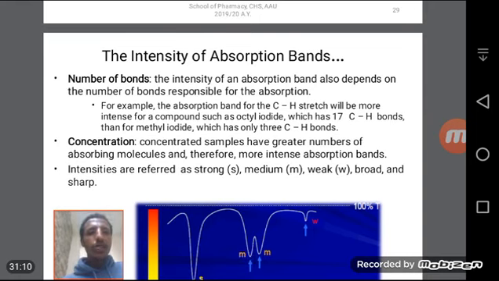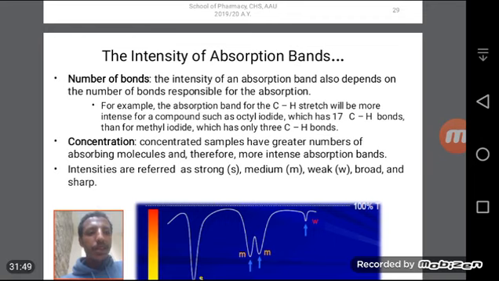The other factor is the number of bonds. The intensity of an absorption band also depends on the number of bonds responsible for absorption. For example, the absorption band for carbon-hydrogen stretch will be more intense for a compound such as octyl iodide, which has 17 carbon-hydrogen bonds, than for methyl iodide, which has only 3 carbon-hydrogen bonds. As the number of bonds responsible for IR absorption increases, the intensity of the absorption band also increases.